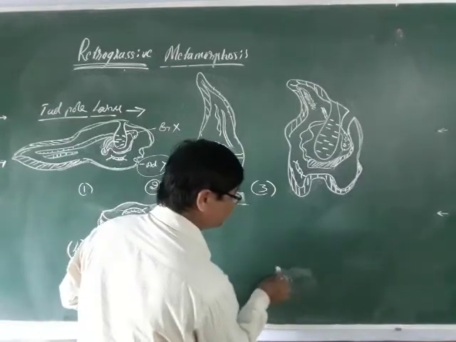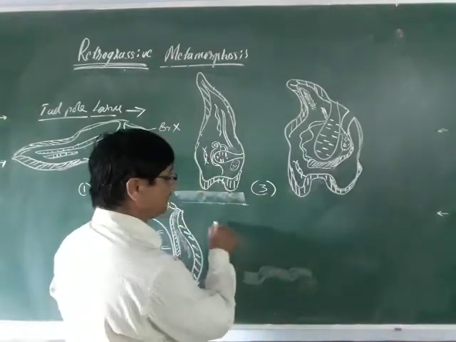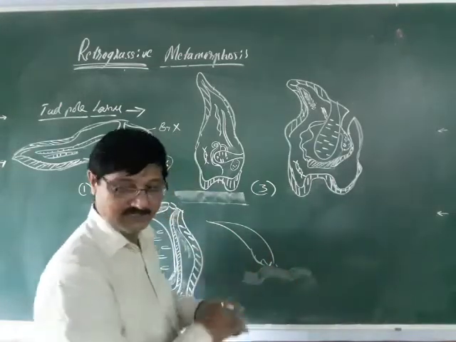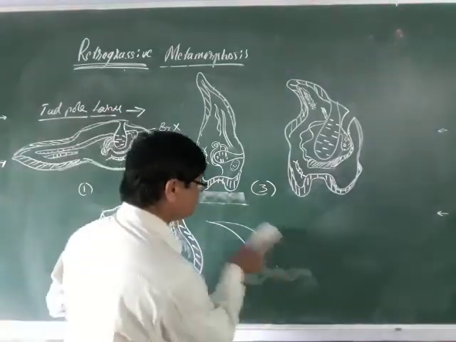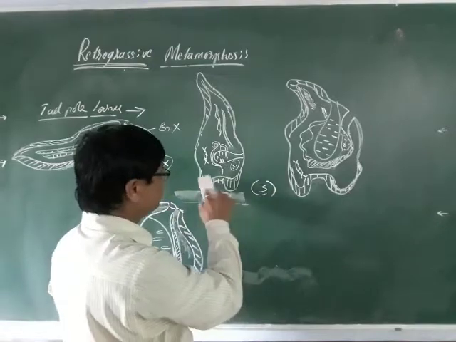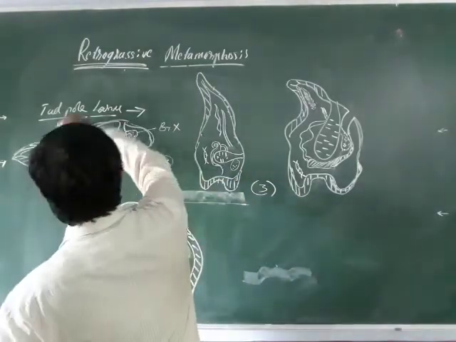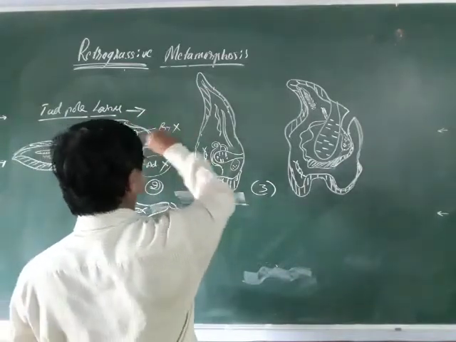On the substratum, the free swimming larva attaches invertedly, with the tail upside and the anterior side lower.